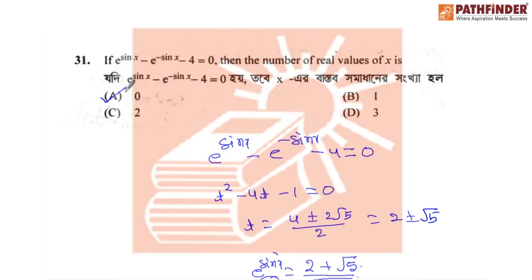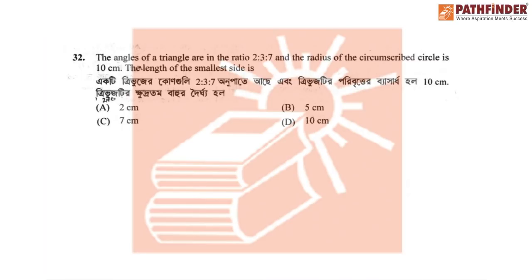Next is question number 32. The angles are in the ratio 2:3:7, that means the angles are 2x plus 3x plus 7x equals 180 degrees, so x equals 15 degrees.